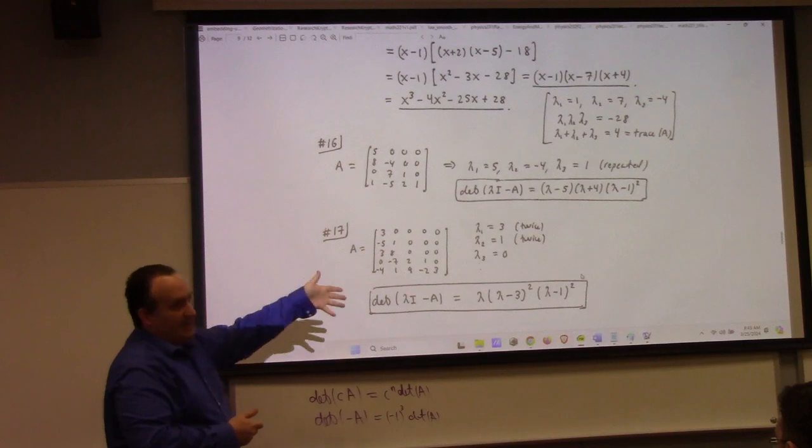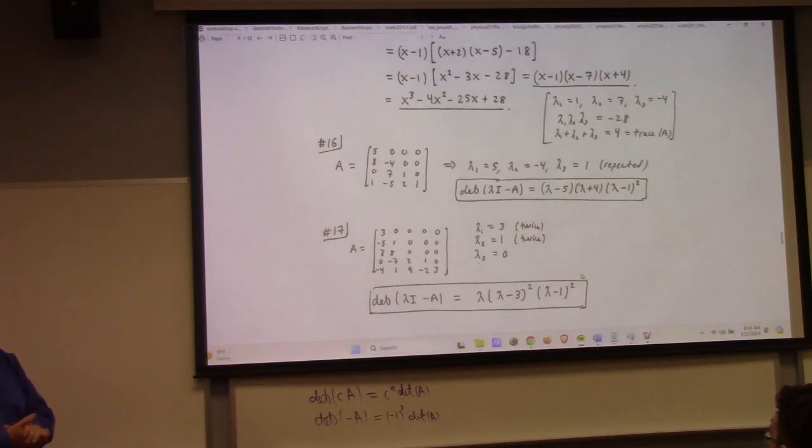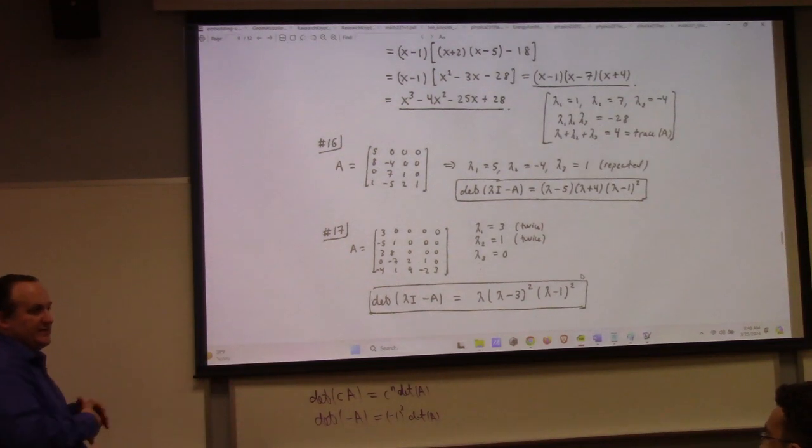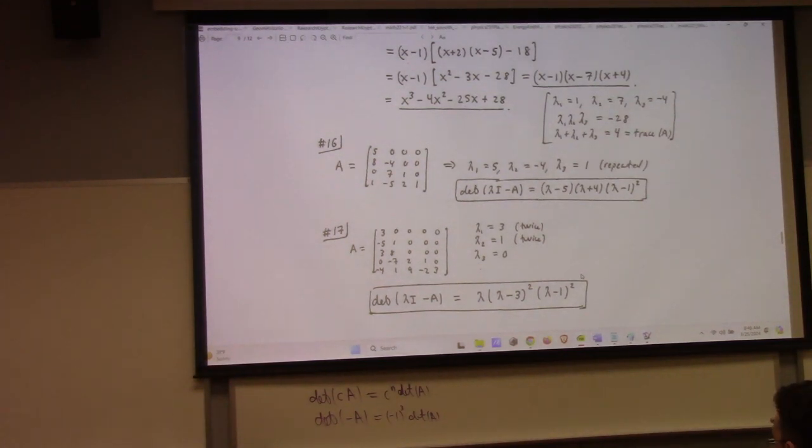That immediately allows me to write down the characteristic equation by the factor theorem. Some of you, doubtless, did this a much harder way, right? Well, not much harder. You just write determinant of A minus lambda I and it's diagonal, so you just, bloop, there's the characteristic equation. It's the same thing. But I don't even have to do that, because I can work backwards from the factor theorem.